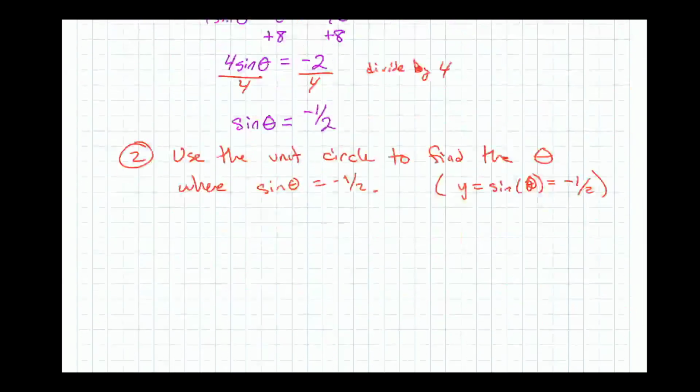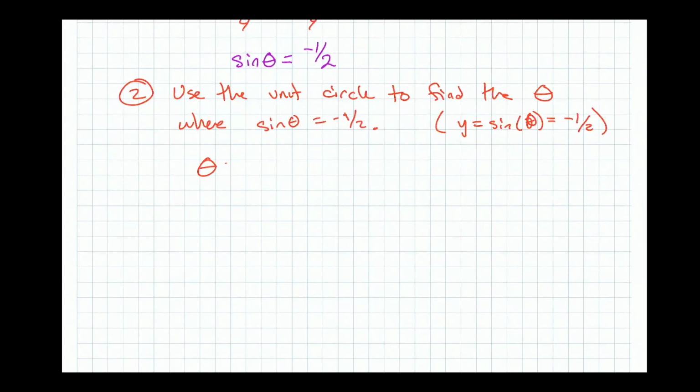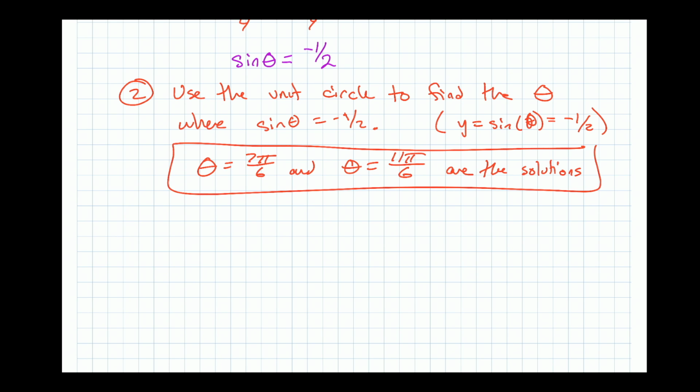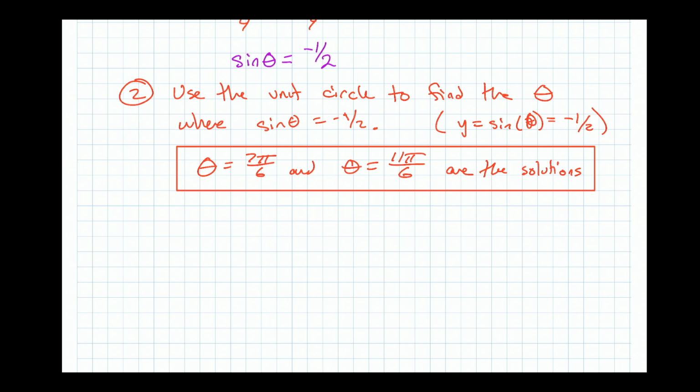So you come down here and you say theta equals 7 pi over 6 and theta equals 11 pi over 6 are the solutions. That's it. And that's it. It's that easy.